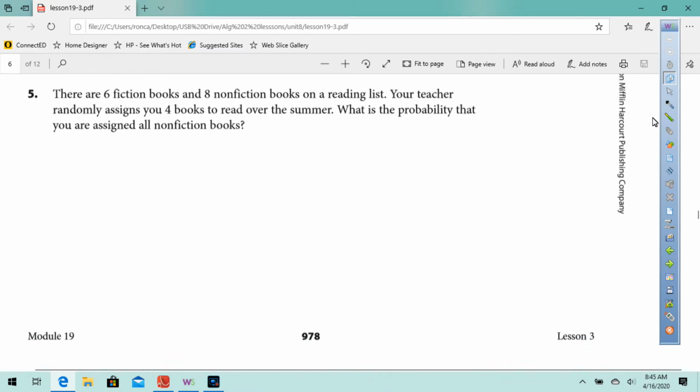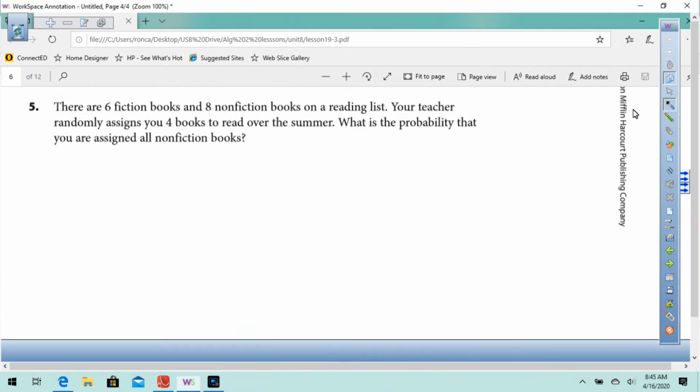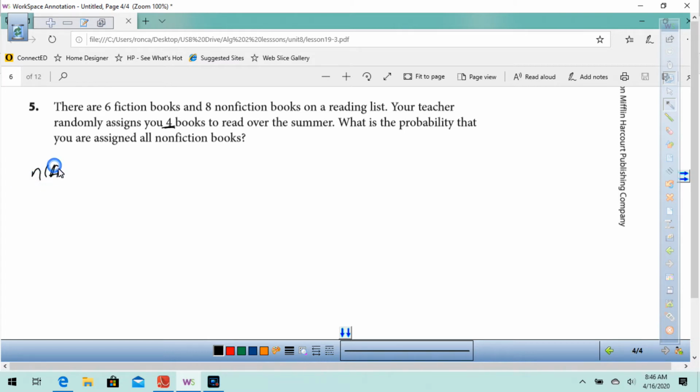Number 5. There are 6 fiction books and 8 nonfiction books on a reading list. Your teacher randomly assigns you 4 books to read over the summer. What is the probability that you are assigned all nonfiction books? So we've got the number of ways that we can do all nonfiction books. So that's going to be 8 choose 4.